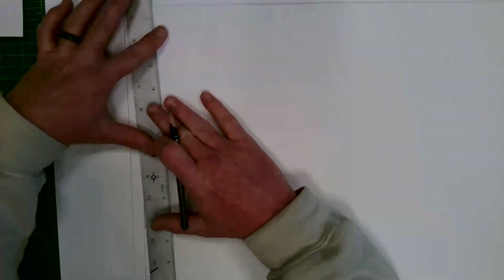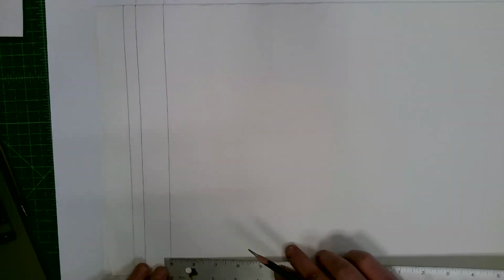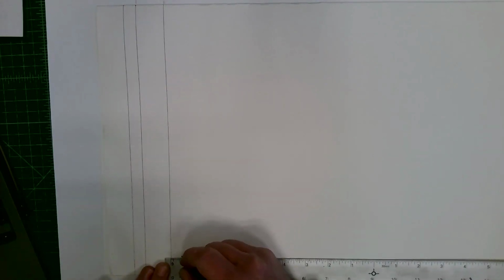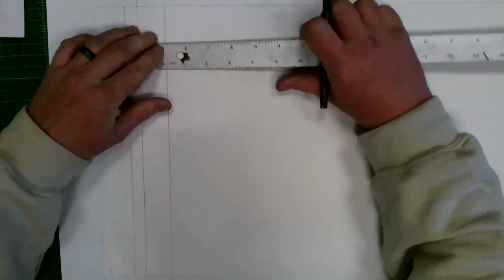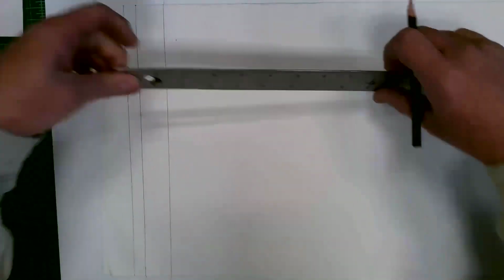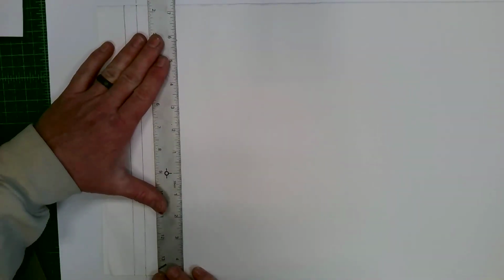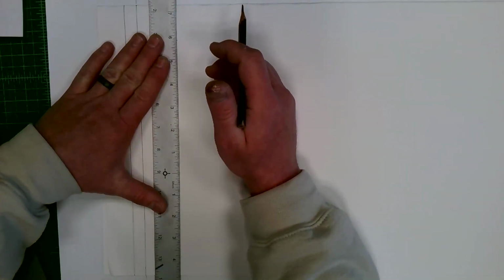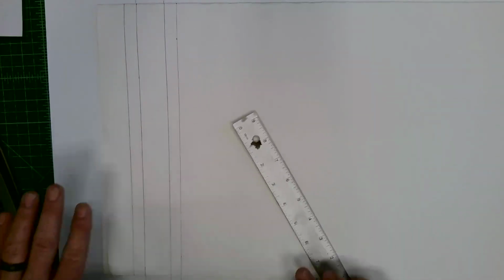So I'll just use the thickness of my ruler for my color swatch areas, and then I'll use a 1/2 inch mark as my separation. So you could do however you wanted to. It probably would have been faster for me to use a template for this. I'll go as fast as I can.